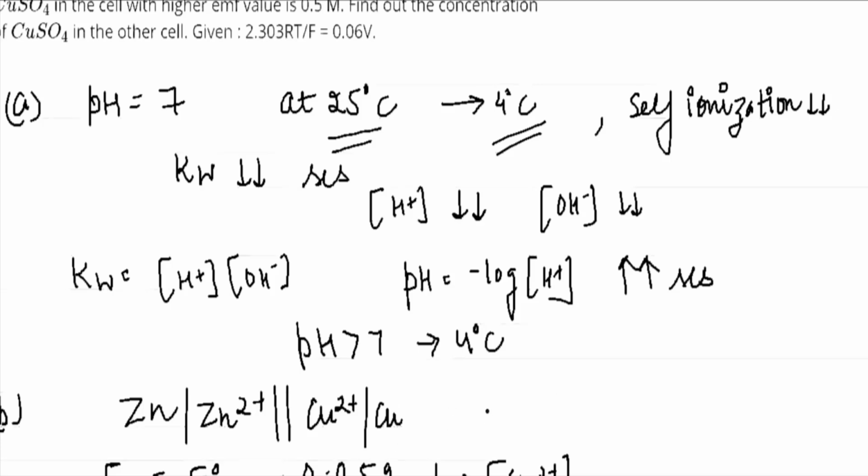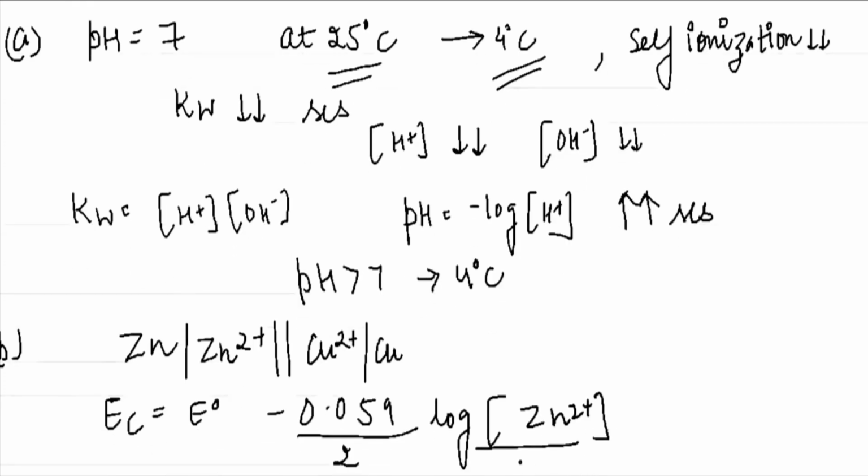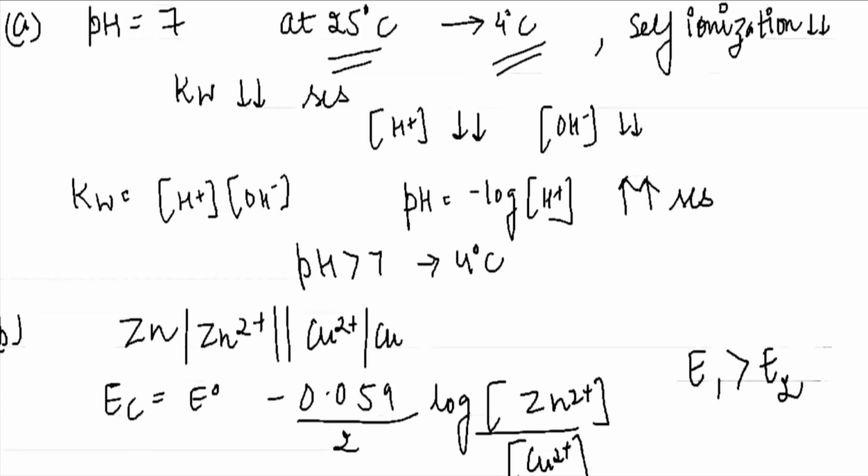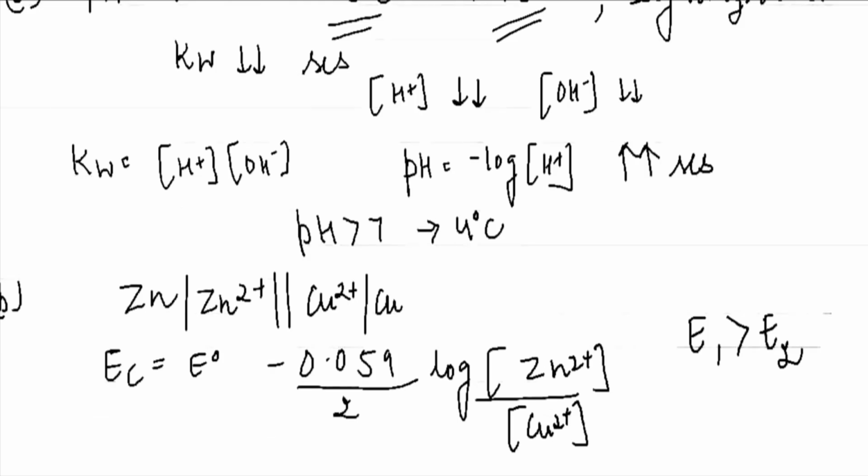I'm writing it as Zn2 plus over Cu2 plus because I want the E1 of the cell to have a higher EMF than E2 of the cell, that is, E1 is greater than E2. So this is my first condition and this is my E1. I will consider this the first equation.